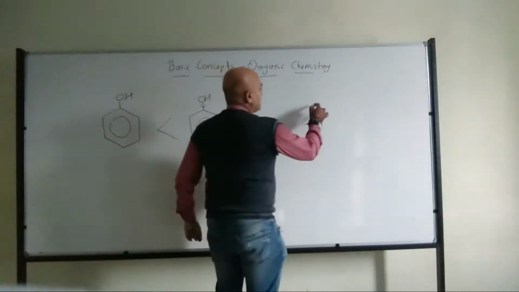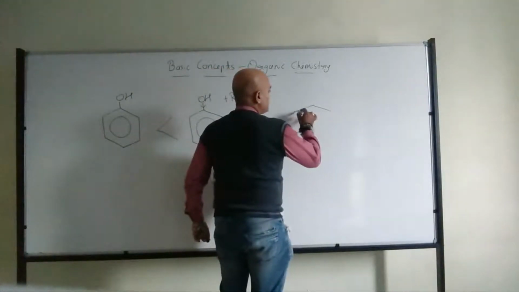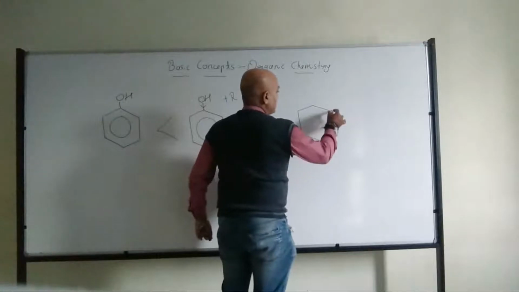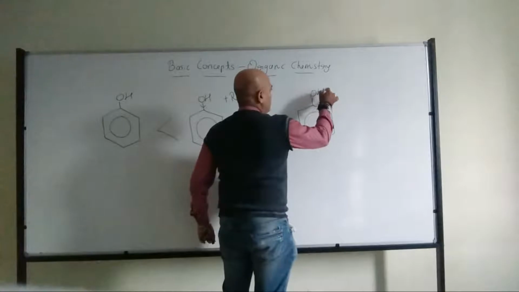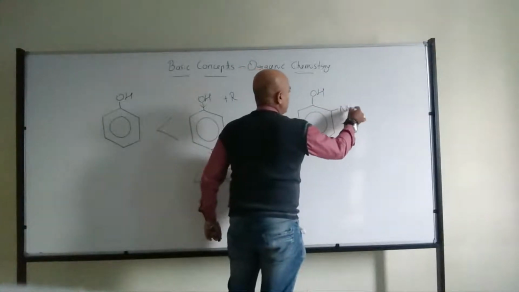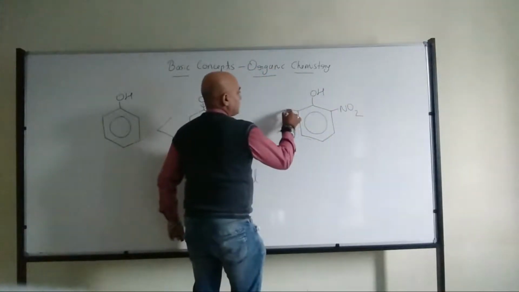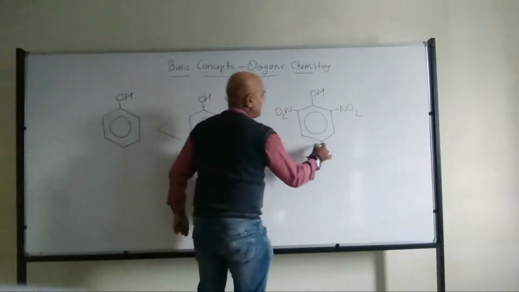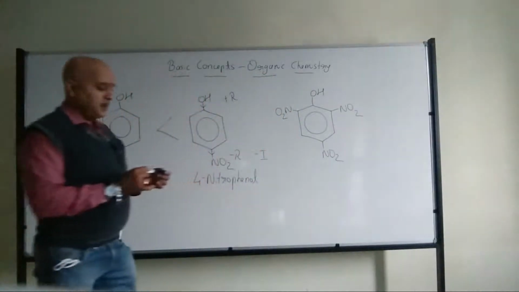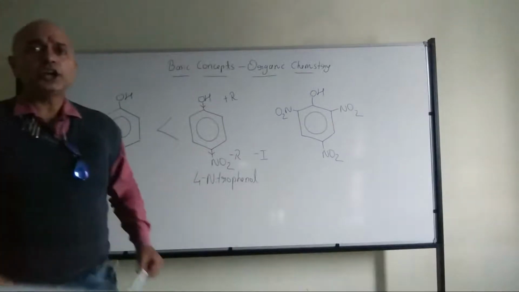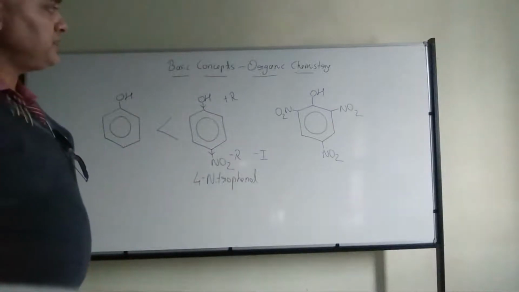Now I have another molecule which you are going to study in your second PU. A very important molecule from the examination point of view. So NO2, NO2. Now can any one of you tell me the IUPAC name of this molecule?